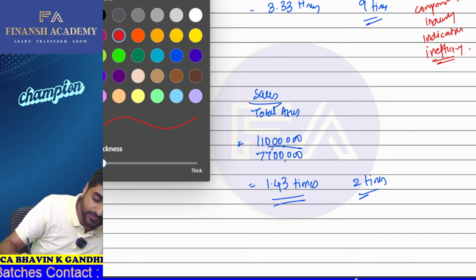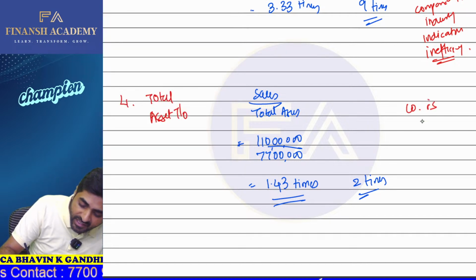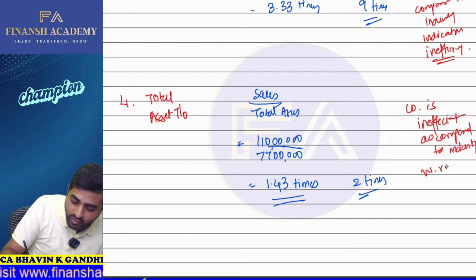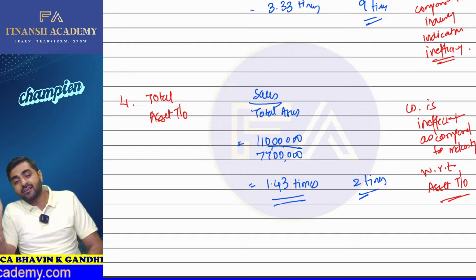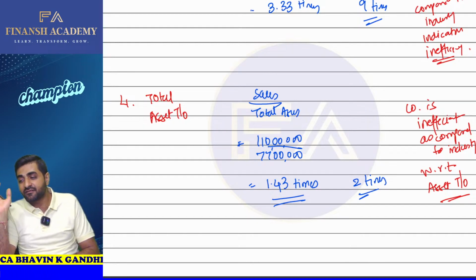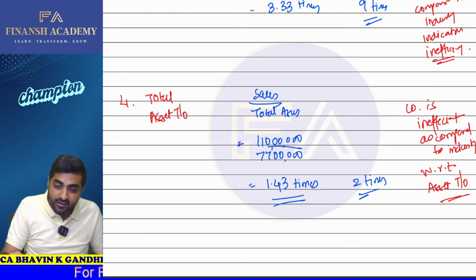So we'll write down, company is inefficient as compared to industry with respect to asset turnover ratio. So it means that the company is not performing efficiently. So there is inefficiency here.